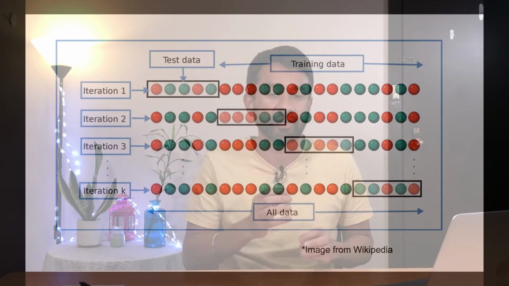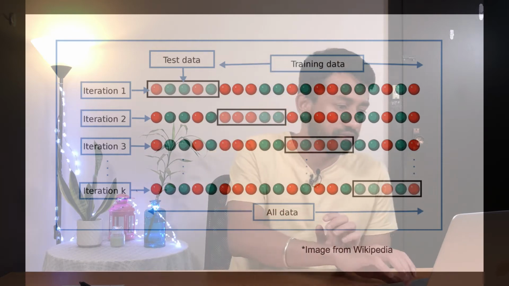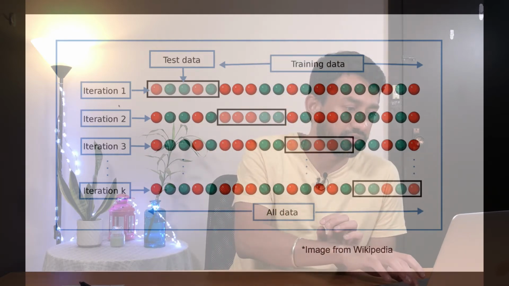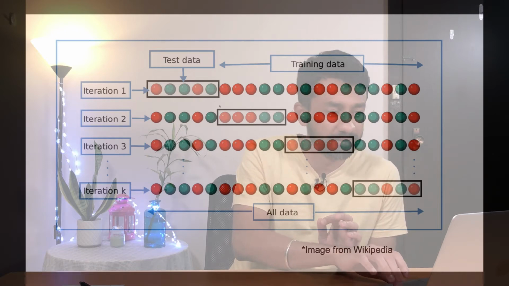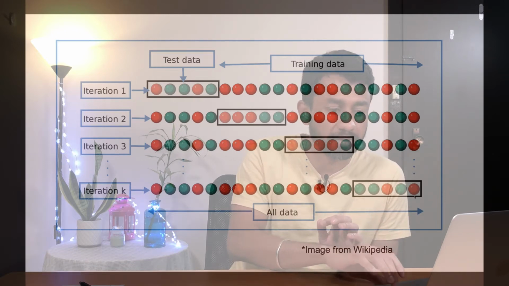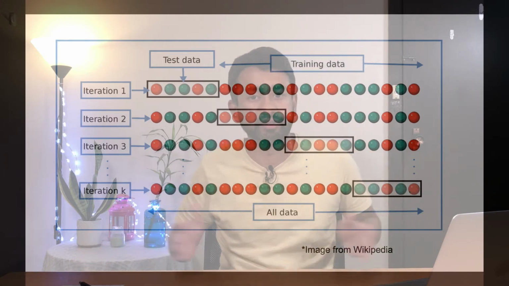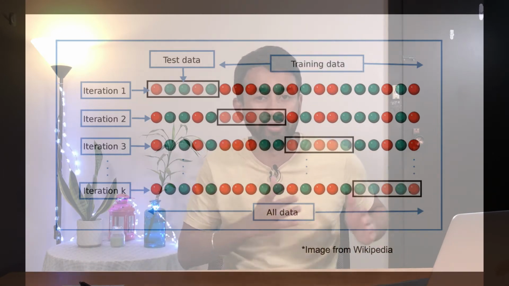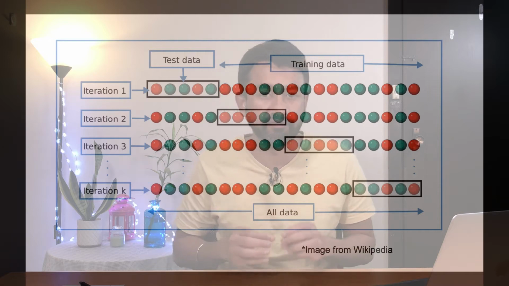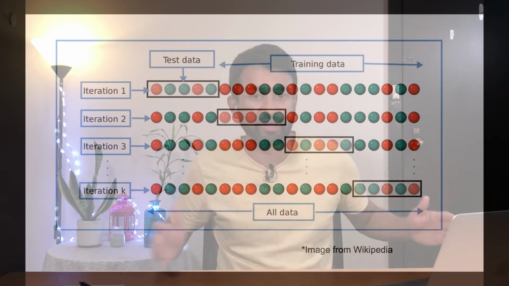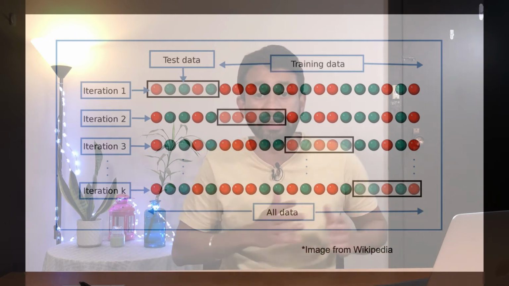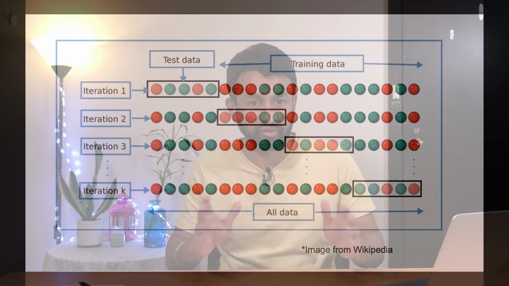If we set the value of k as 4, for the time being, iteration 1, 2, 3 and 4, this is the first group, the second group, third group and fourth group. The entire data set is getting divided into 4 different groups. When we have a value for k as 10, our data set will be divided into 10 equal groups.